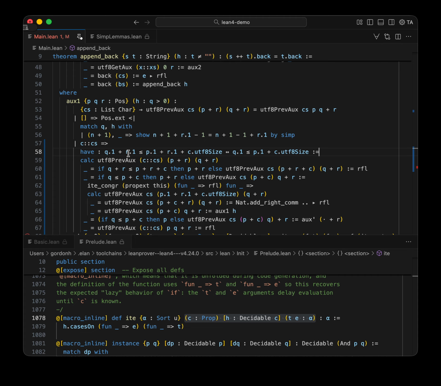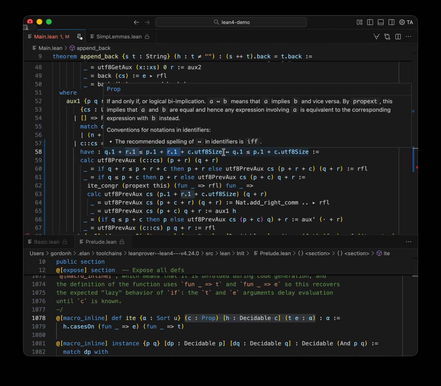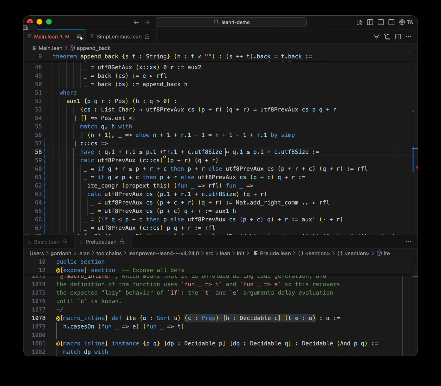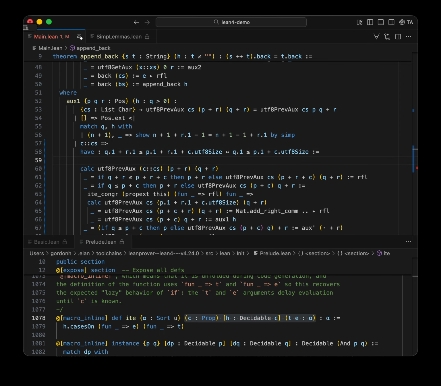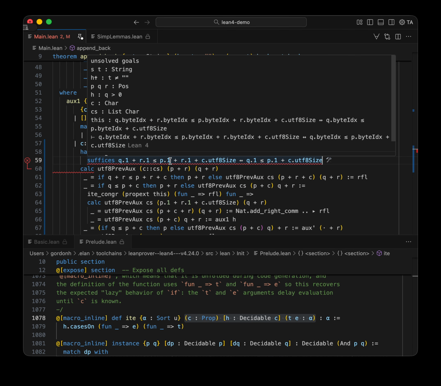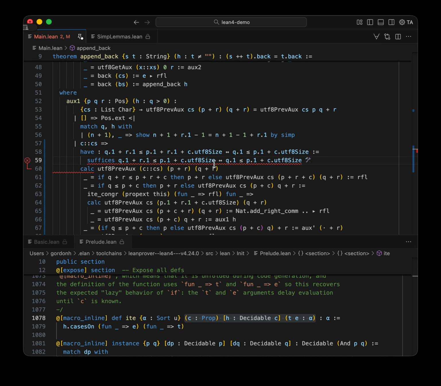What we want here is adding R1 on the right, which would require that these two commute. Okay. Suffice that I prove this being commuted.